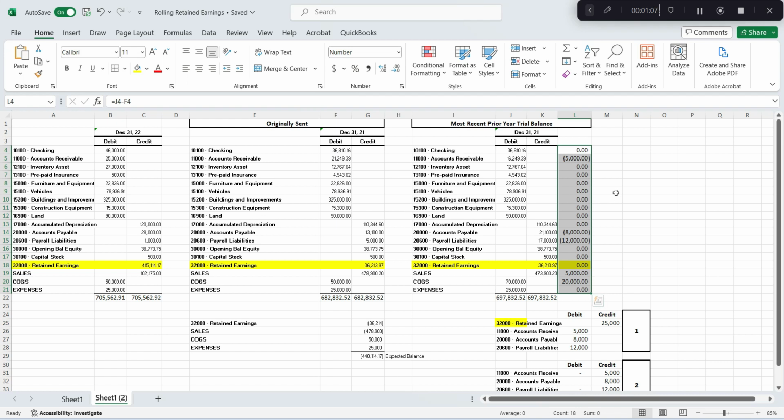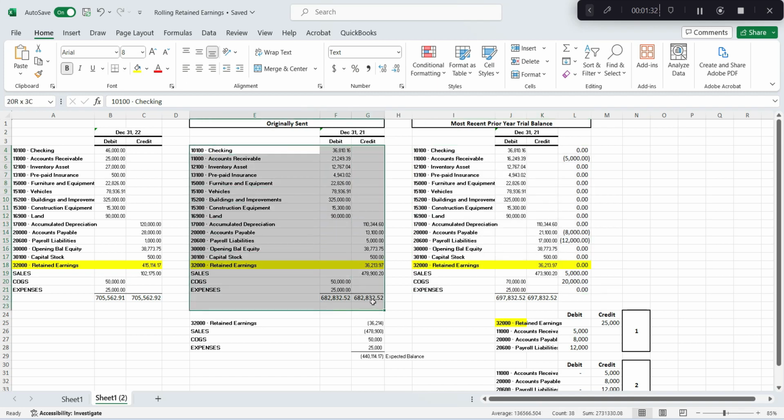So the way to roll retained earnings to make sure that this amount here, the $440,000, agrees to this, is to record a journal entry to reestablish those balances. So this was the most recent one with changes made after the fact, and we wanted to restore it to these balances.